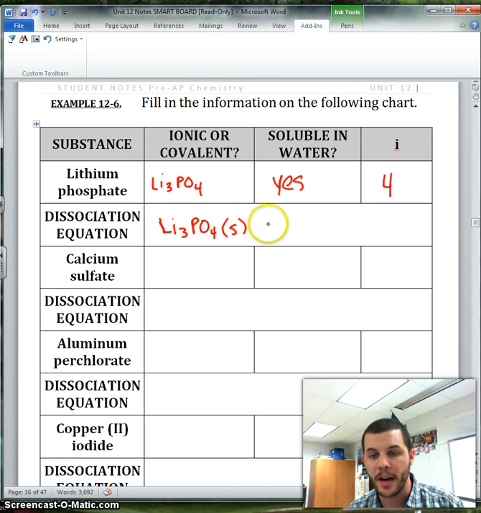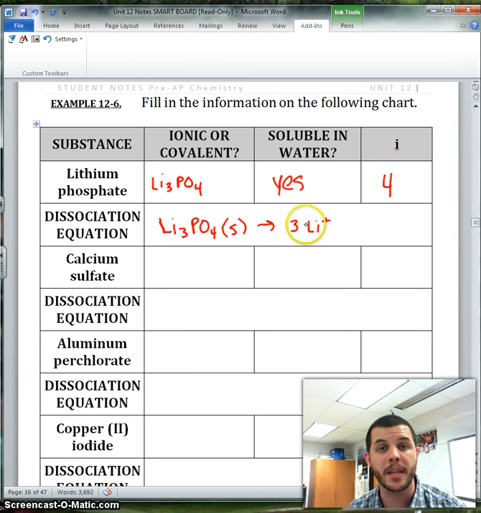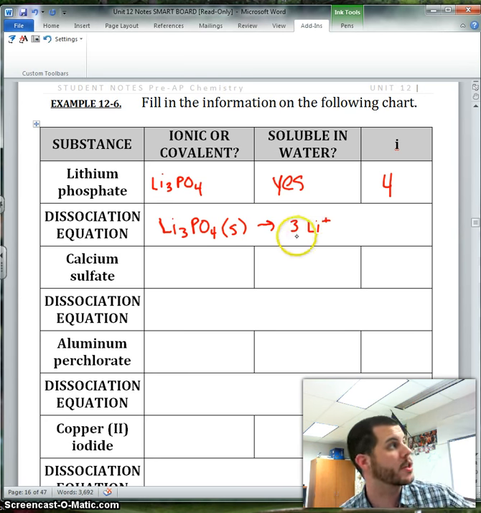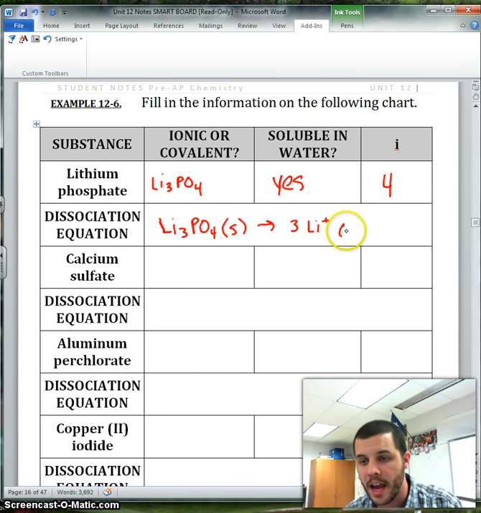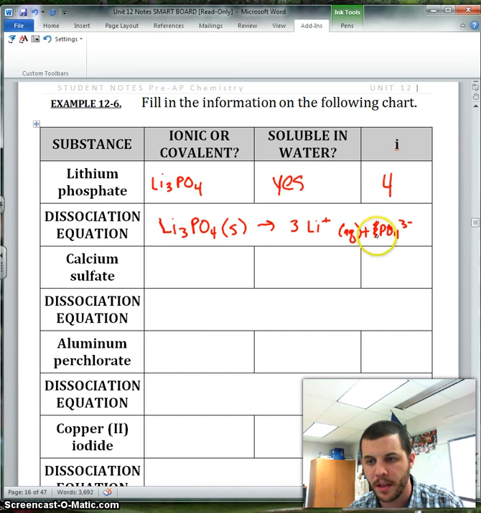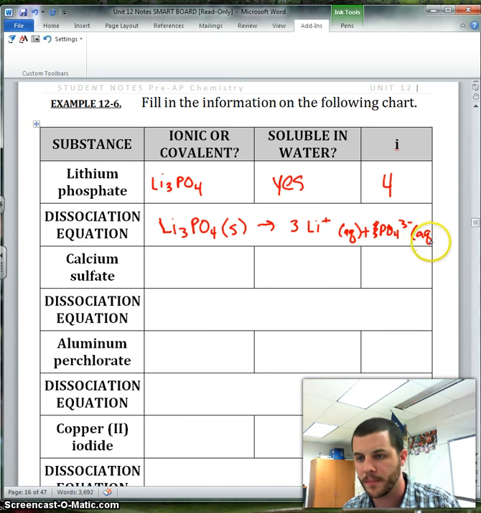That's going to break down into 3 lithiums, and since lithium is a group 1 metal, we know that it's going to have a +1 charge. And that's going to be aqueous since it's dissolved. It's also going to give us 1 phosphate ion, PO4 3-. And of course that's also going to be aqueous.